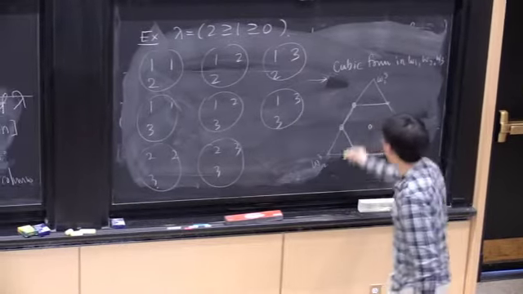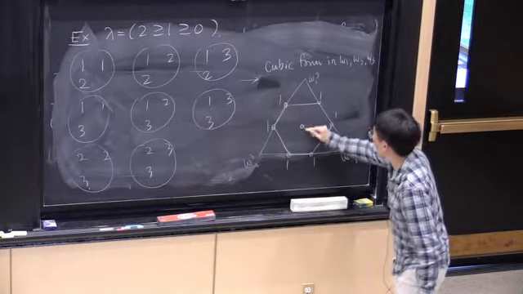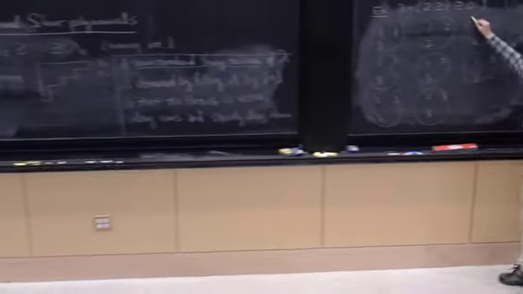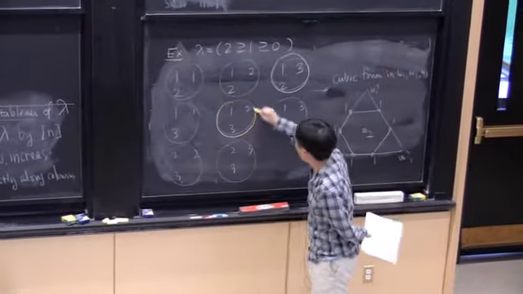Where I have 1 monomial on the boundary, but I have 2 in the center because I have w1 w2 w3 here, and w1 w2 w3 here.